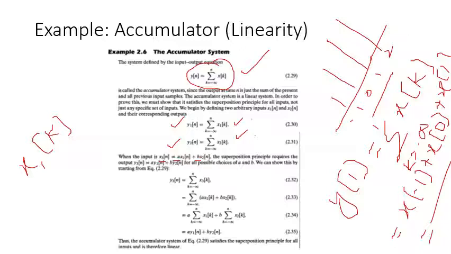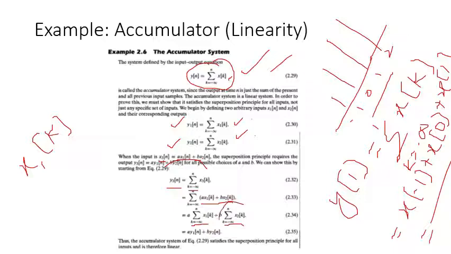Now we pass x3 through this system. So y3 will be the same summation of x3 of k, and x3 of k is equal to a x1 of k plus b x2 of k. Now if I expand this summation, we get a times the summation of x1 of k plus b times the summation of x2 of k.